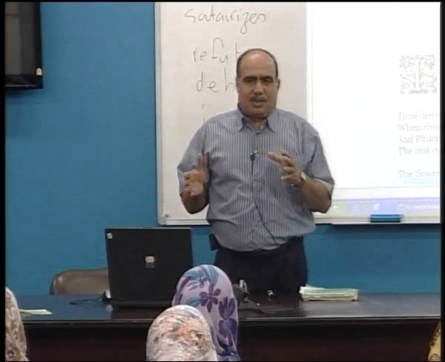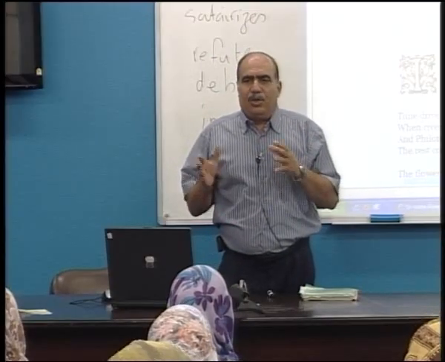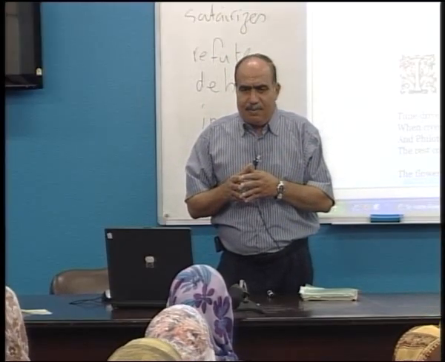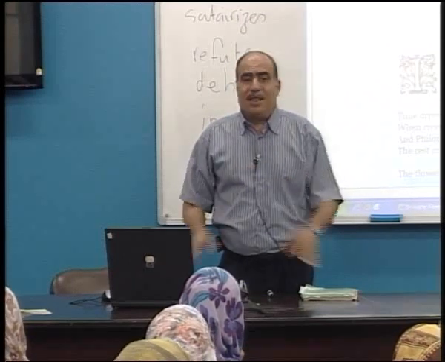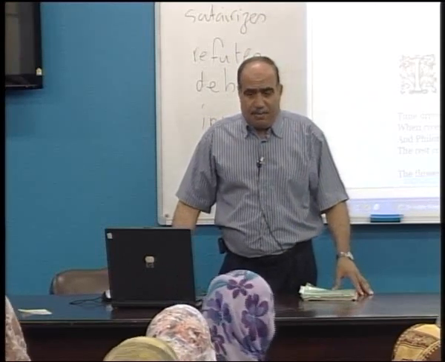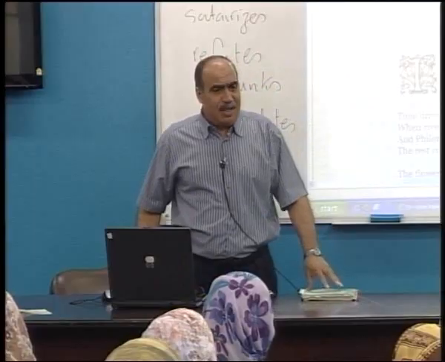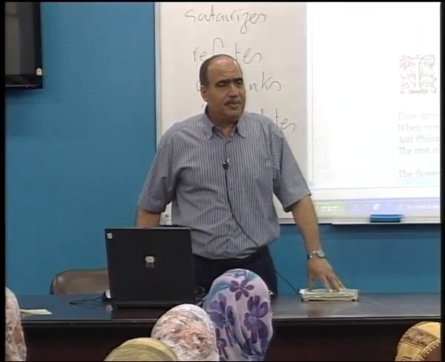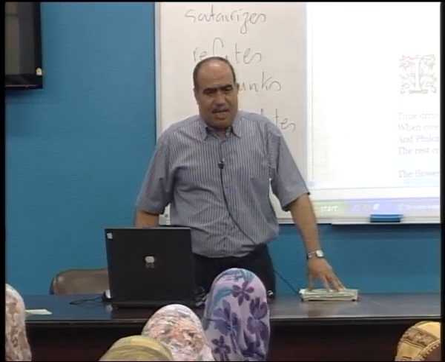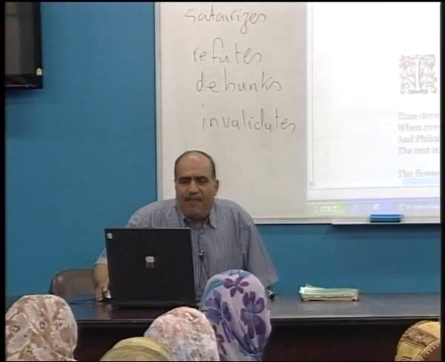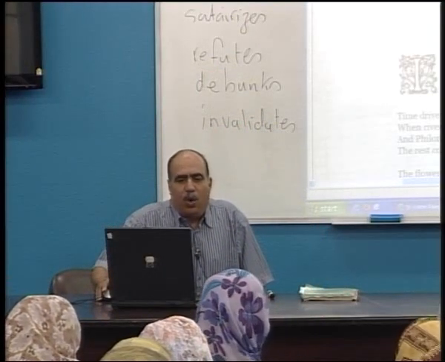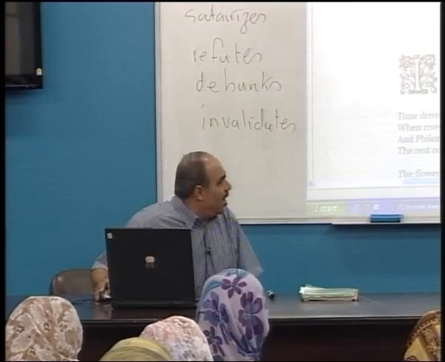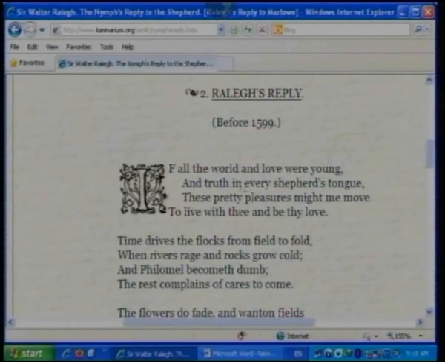So what do you notice? Do you notice the same rhyme and the same rhythm? Do you remember the rhythm of Marlowe's poem? Iambic pentameter. So again, if all the world and love were young, and truth in every shepherd's tongue.